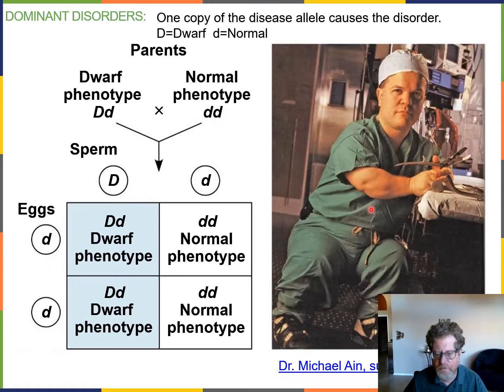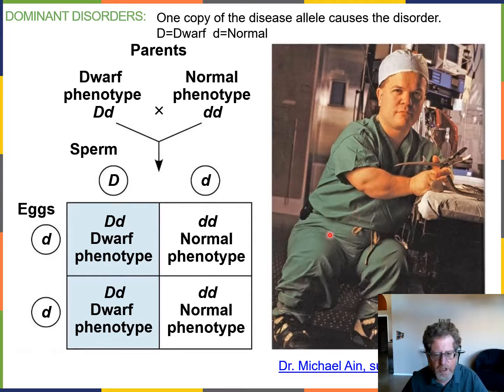This is a real person who is an orthopedic surgeon, and he works with other people with dwarfism, and he's very famous. And if you click on this, you'll get the story of how he got into medical school and orthopedic school. And he got in before the ADA, before the Americans with Disability Act. And a lot of schools said, oh, we don't want to take you because nobody will respect you as a doctor because you have dwarfism.